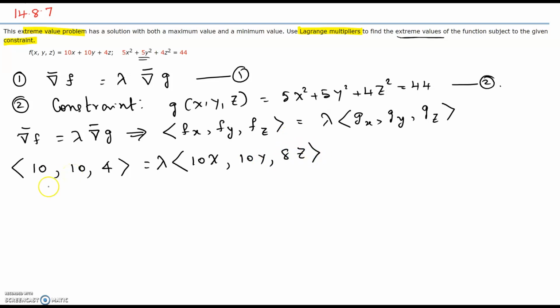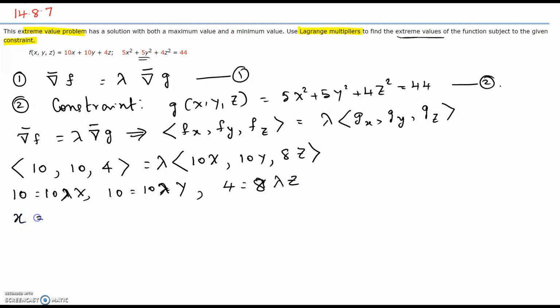By comparing the corresponding components, 10 equal to 10 lambda x, 10 equal to 10 lambda y, then 4 equal to 8 lambda z.